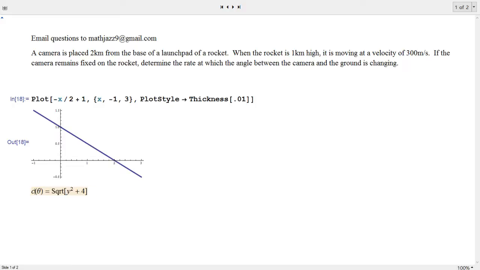Or let's switch to secant, because we don't want to divide by the square root of the square of our variable. So we'll have the secant of theta is equal to the square root of y squared plus 4, over 2. So the secant is going to be the hypotenuse over the adjacent side.